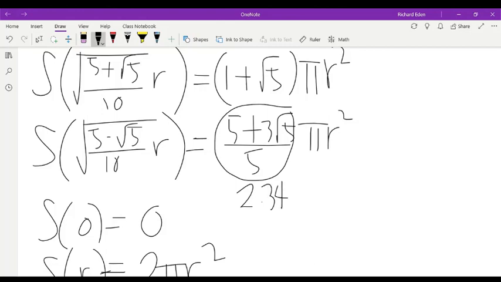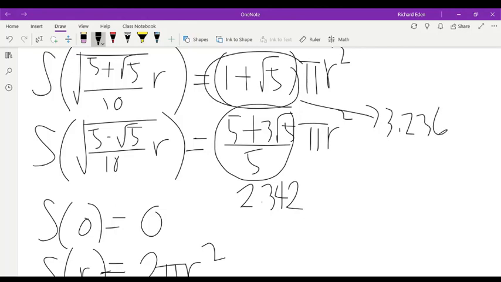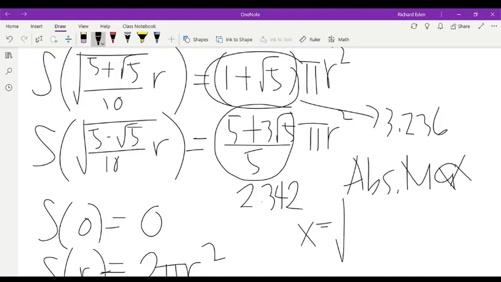No need to multiply by pi because all the four values here are multiples of pi r squared. And then 1 plus the square root of 5 is 3.236, which means you get the absolute maximum when x is equal to the square root of 5 plus the square root of 5 over 10 times r.